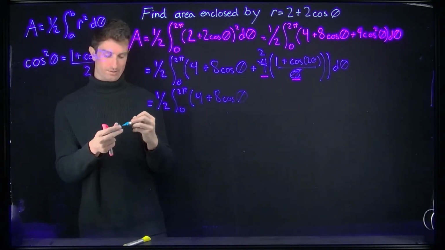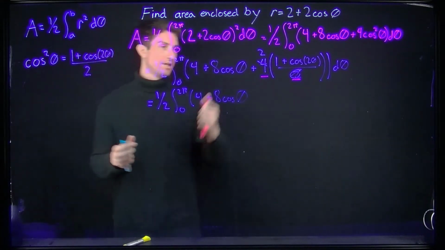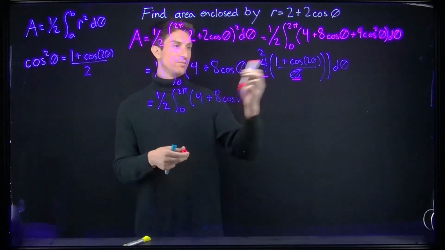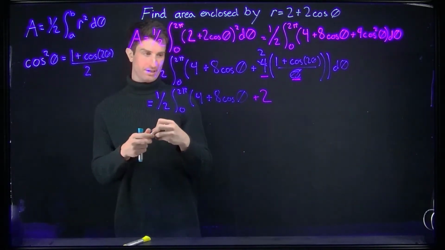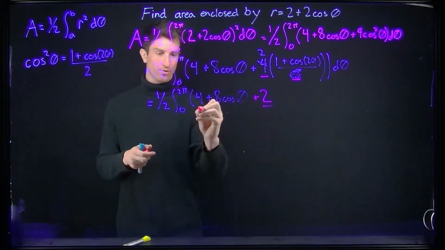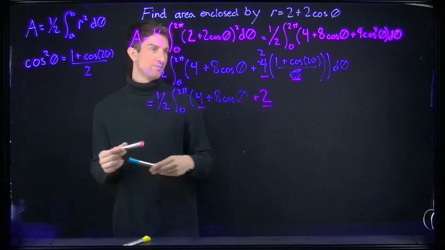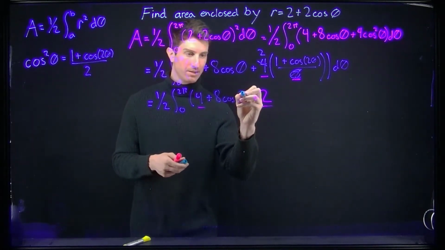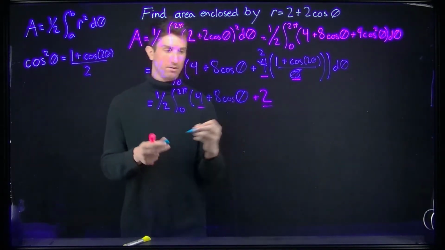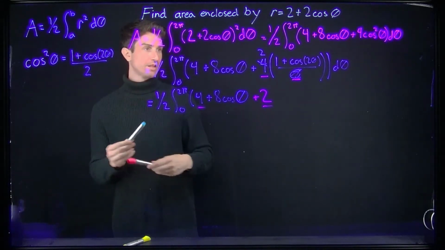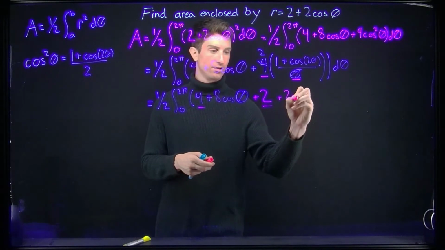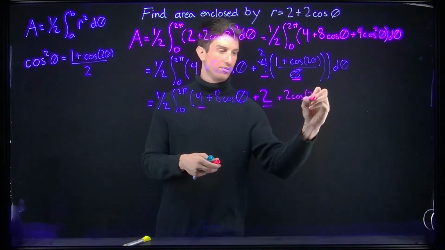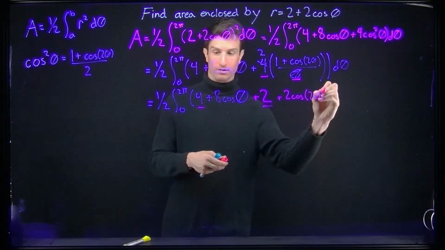You guys can still see that. I'll switch colors just in case. We'll distribute this 2, so plus 2. Maybe we notice here this 2 and this 4 are like terms. We're going to end up putting them together. And then the 2 will also distribute, 2 plus 2 cosine of 2 theta, d theta.